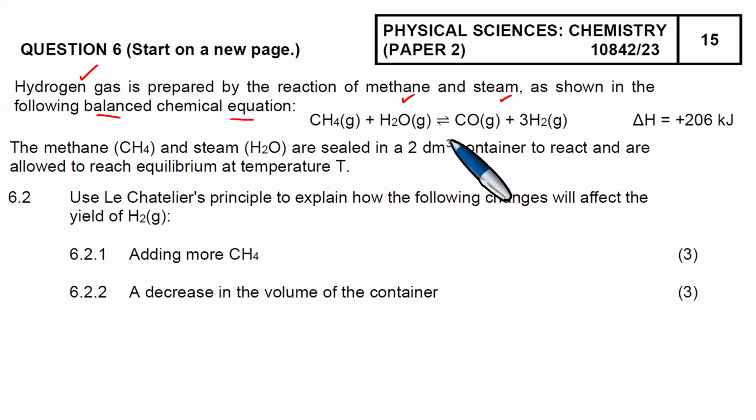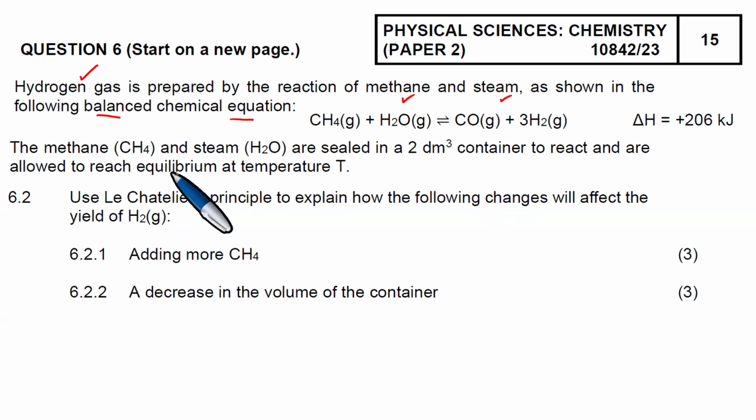And the reaction is in equilibrium because we can see it is proceeding in the forward but also in the reverse directions. The products are carbon monoxide gas and hydrogen gas.